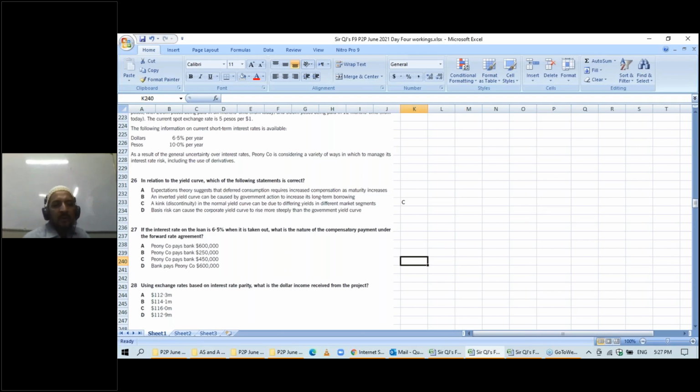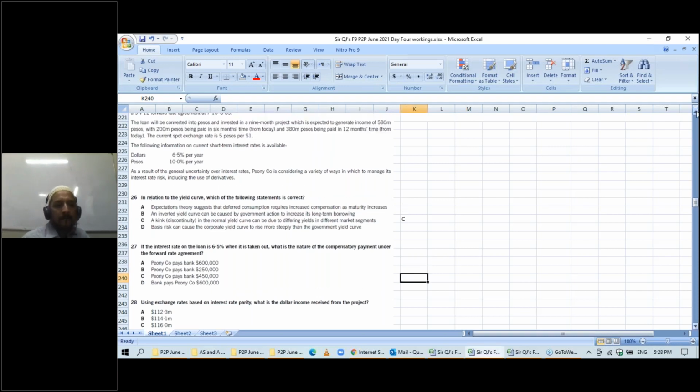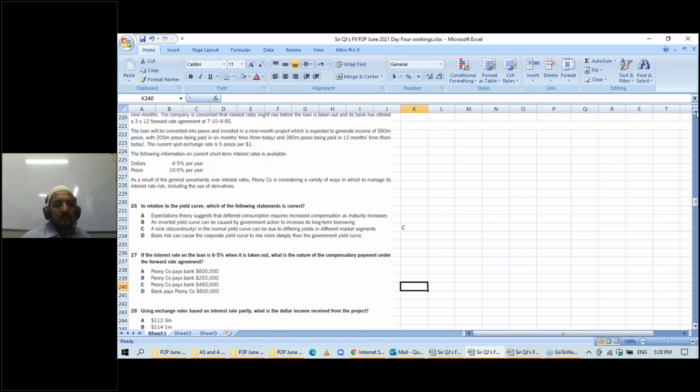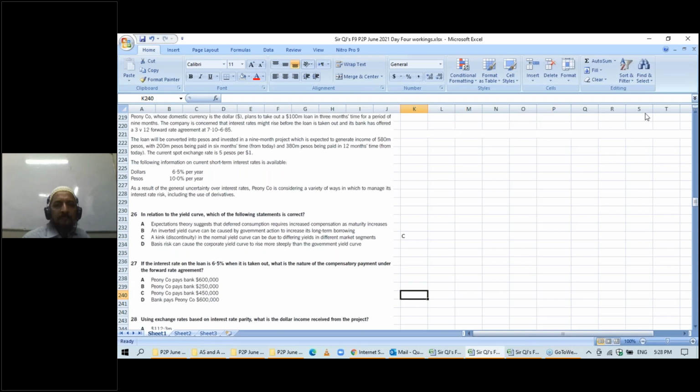Okay, so the next question over here is 27. This is again on FRA. In this case, the rate which has been agreed on the FRA and the time of the borrowing is as follows. The higher rate is 7.1.